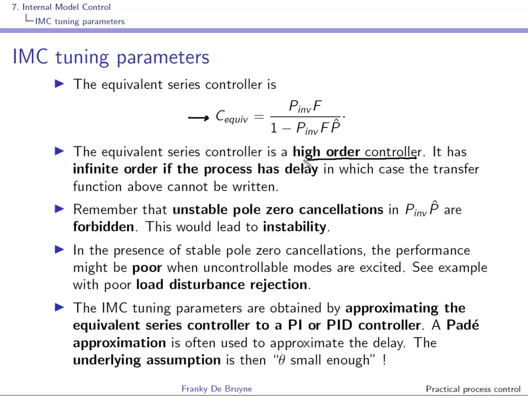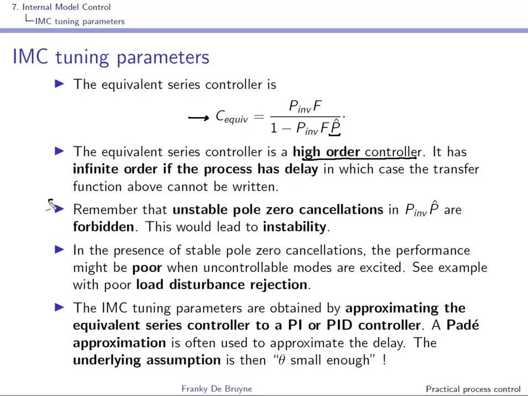And in one particular case, when the process has delay, you'll have a delay in p hat at the denominator, and we cannot really write, between quotes, the transfer function in that case, and we'll say that the controller has an infinite order.